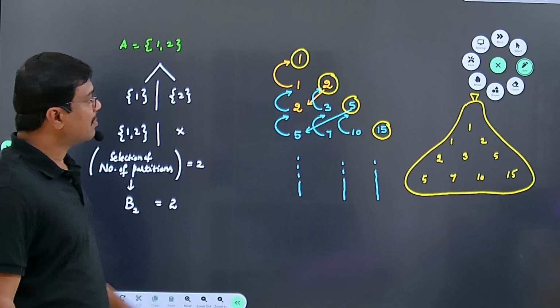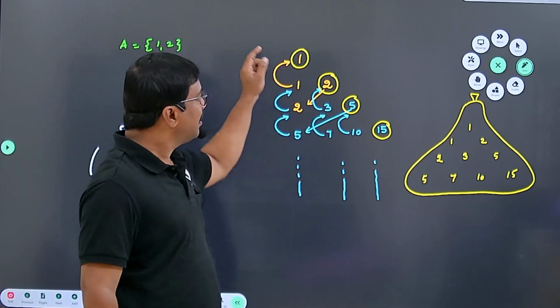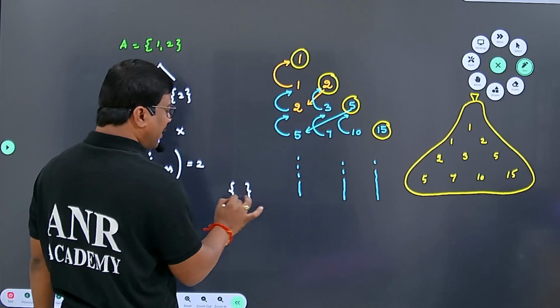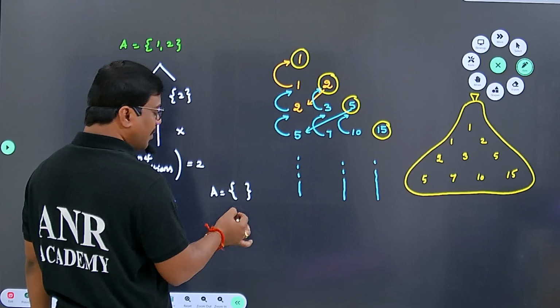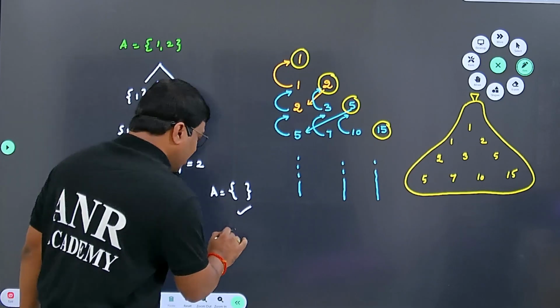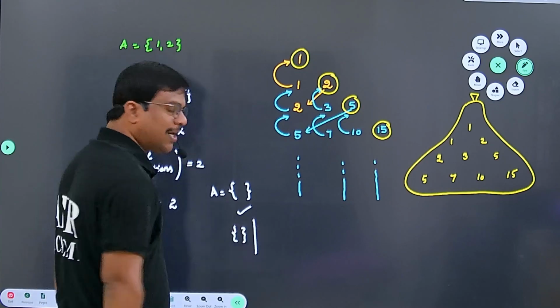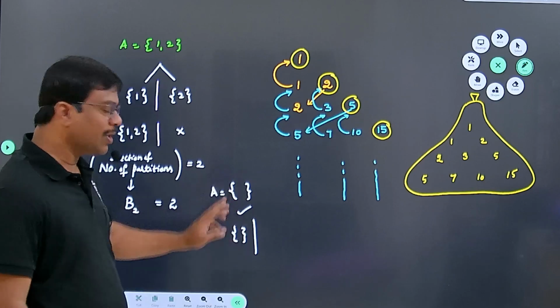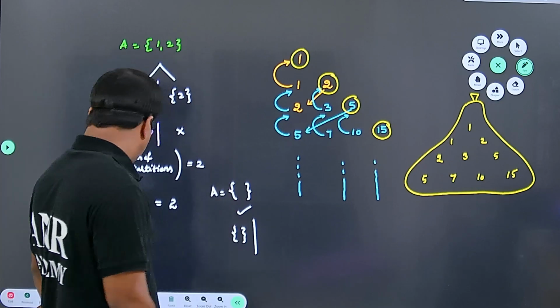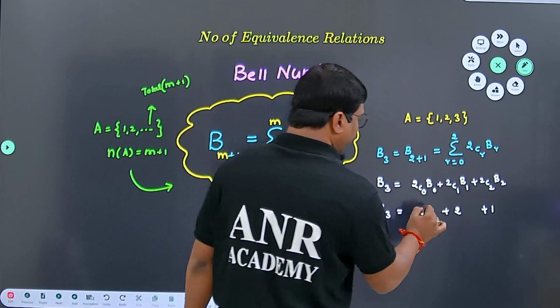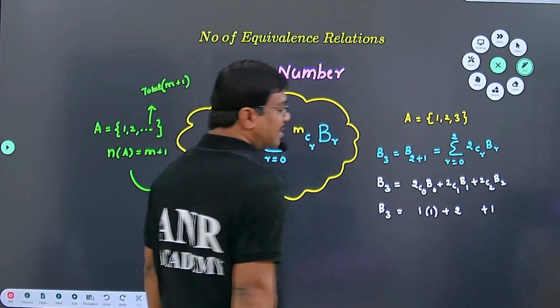Bell number B0 is 1. If there is no element in the set, for the number of partitions itself, you can write only one empty set. So the number of ways of selecting partitions is only one way. So I can write here the B0 value, that is clearly 1. Next, B1.